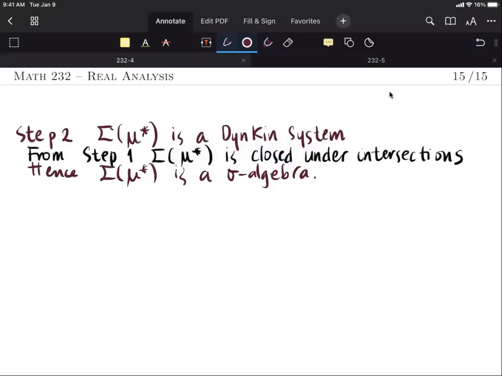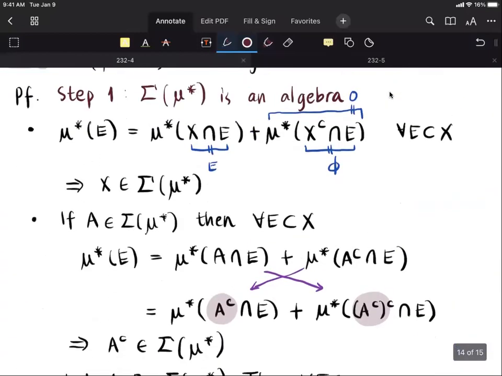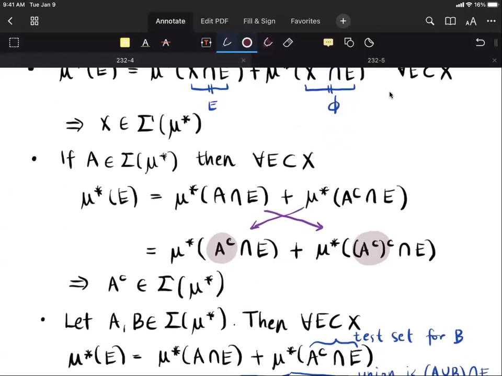Okay, so to establish that it is indeed a Dynkin system, we only need to show that it is closed under pairwise disjoint countable union. Because here, take note that we already established that X is measurable and it is closed under complementation.